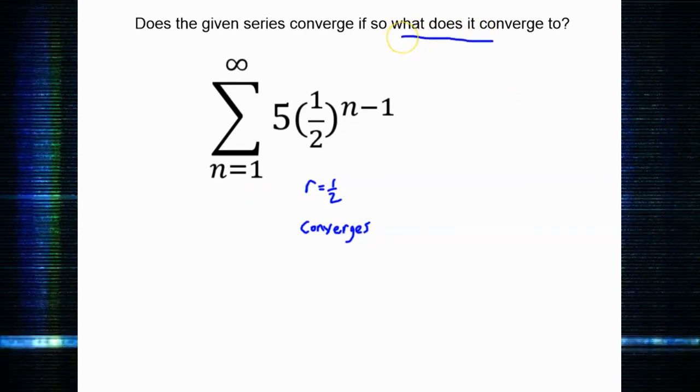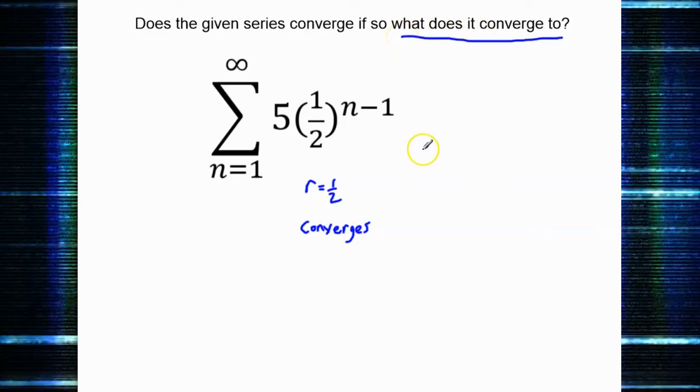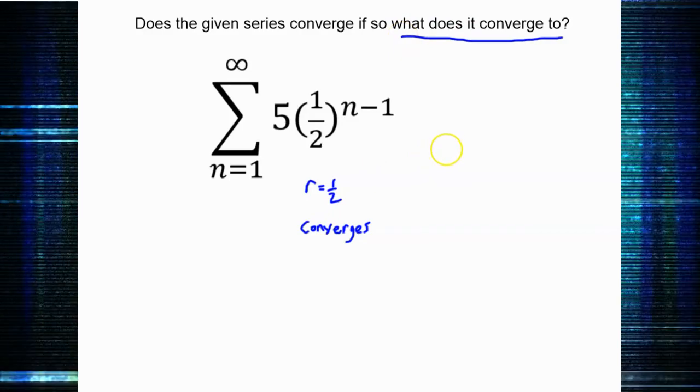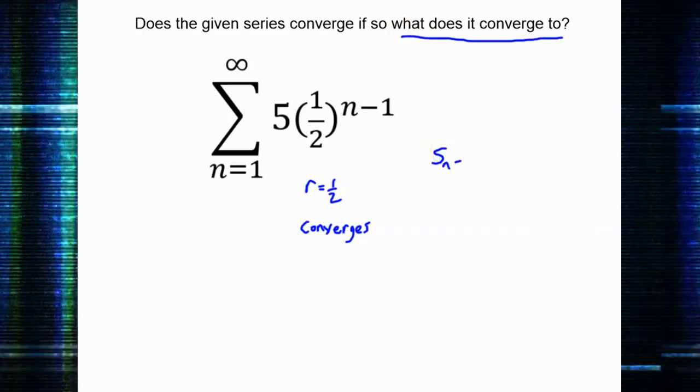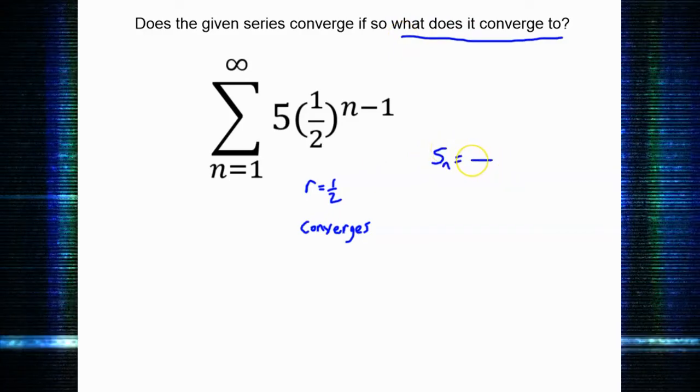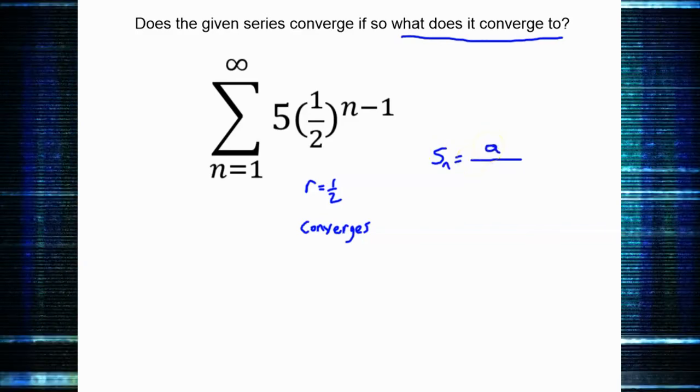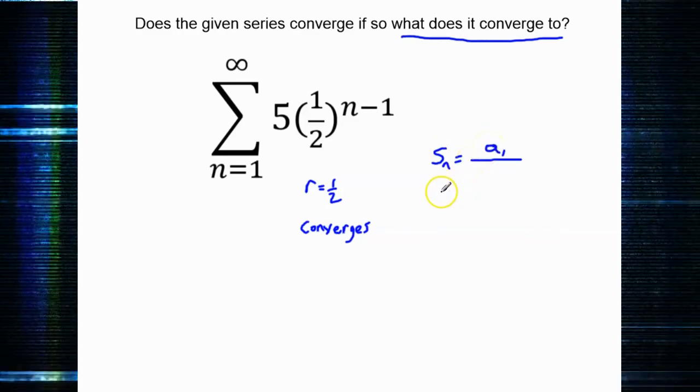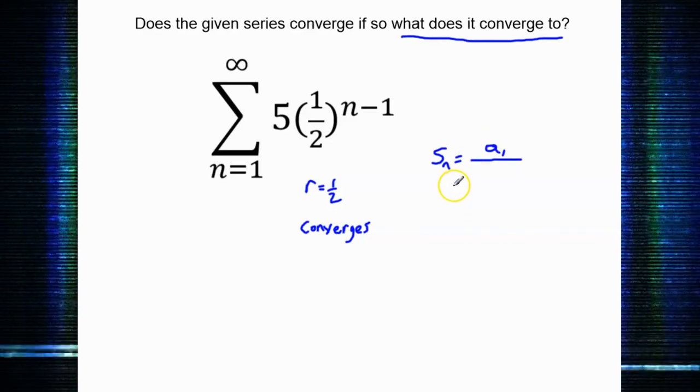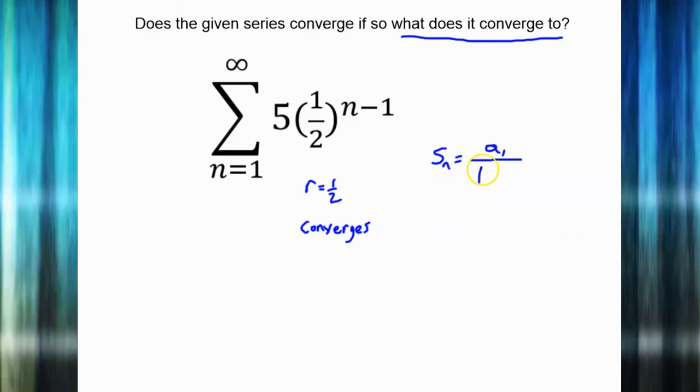But what does it converge to? We use the formula S sub n equals a sub 1 over 1 minus r.